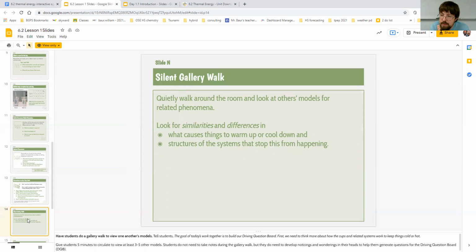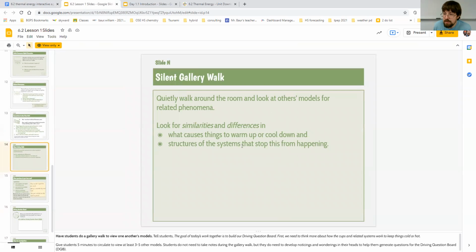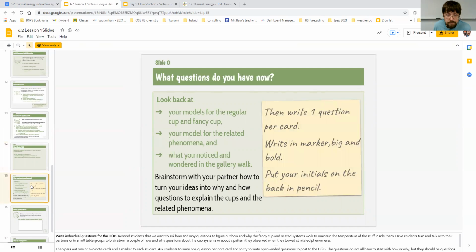And now that students have made their model, they're going to go around and look at each other's, and we're going to jot down some similarities and differences of the models we have of the related phenomena. So now that we've looked at all these different items that keep things hot or cold, and we have different explanations of them, I want you to think about some questions that you might have.